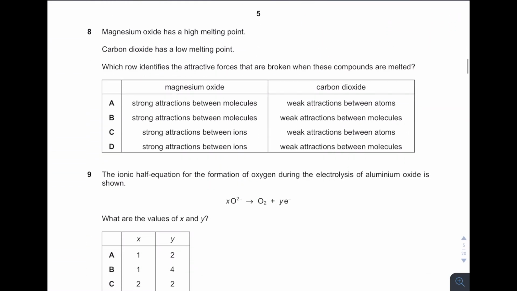Next, which row identifies the attractive forces that are broken when these compounds are melted? Magnesium oxide has a high melting point, which means it is an example of an ionic compound. Carbon dioxide has a low melting point. Remember, carbon dioxide is an example of a covalent compound. Ionic compounds are made of ions. Covalent compounds are made of molecules.